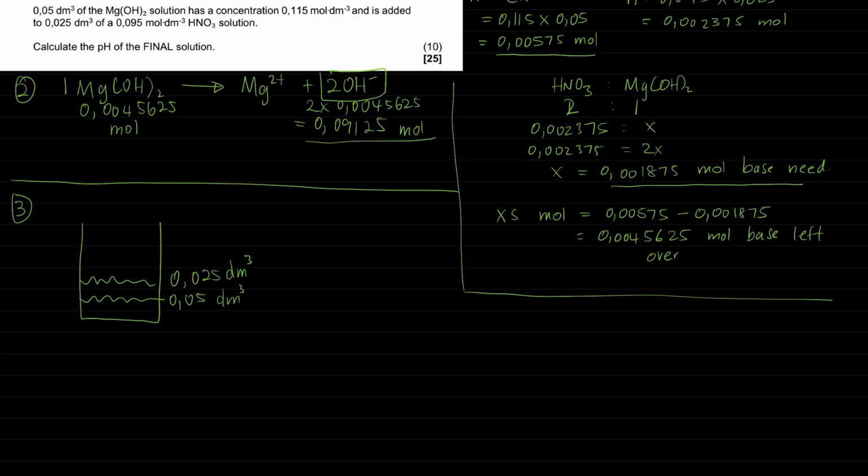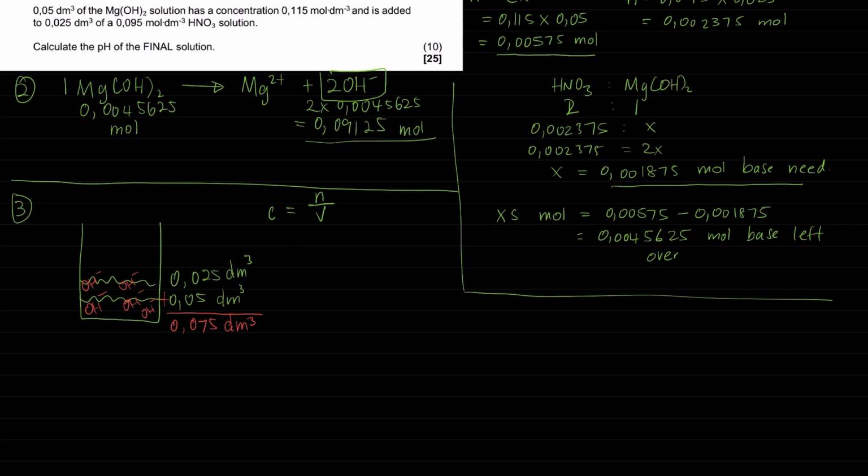Now our OH minus is in this total volume. So the volume that the OH minus is occupying is going to be 0,025 plus 0,05, which is 0,075 dm cubed.